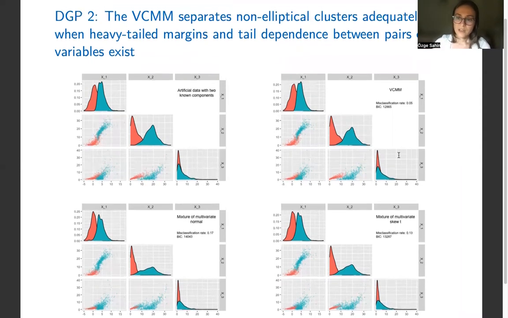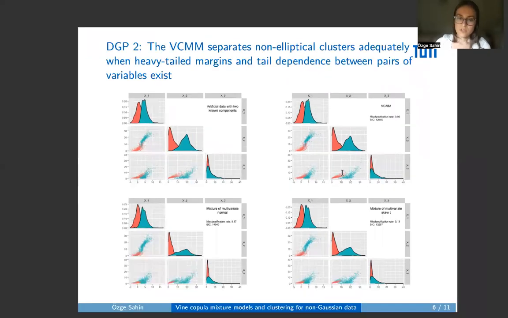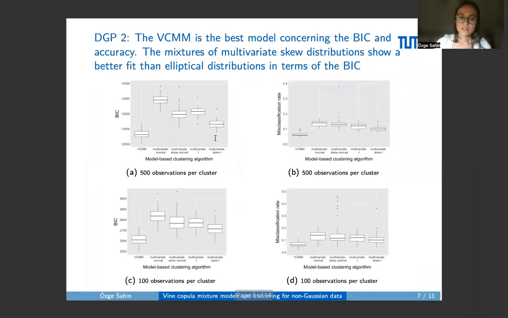However, if you fit the vine copula mixture models, you see these observations on the tail are adequately captured. Of course, we again replicate our process 100 times for 500 and 100 observations, and in each of the box plots in the first columns, you see our algorithm is better in terms of BIC and misclassification rates.